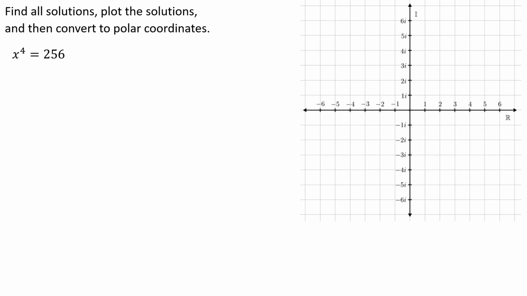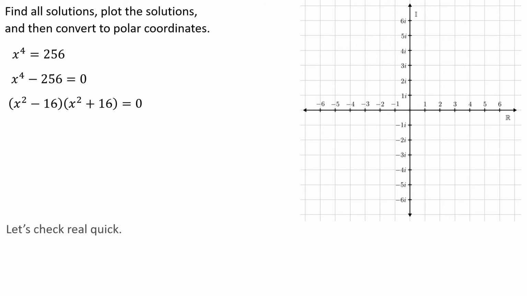Okay, let's see what happens with this one. Hey, this one actually does factor. All right, it becomes x squared minus 16 times x squared plus 16. This factors a little bit further. Oh, I said, hey, let's check. Right, if you're not quite too sure why that factor works, first, outer, inner, last.